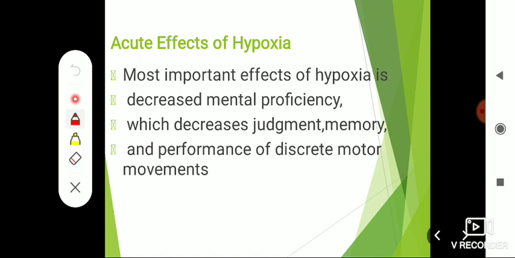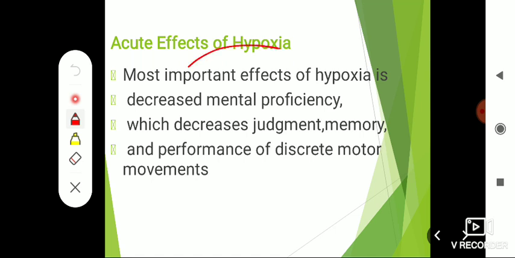So the most important organ affected is the brain. That's why whenever any person is having any problem with respiration and heart, the first thing we do is CPR, that is cardiopulmonary resuscitation, because we want oxygen to be supplied immediately, otherwise the brain cannot afford an oxygen insult.